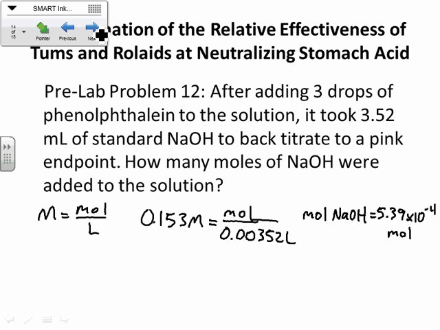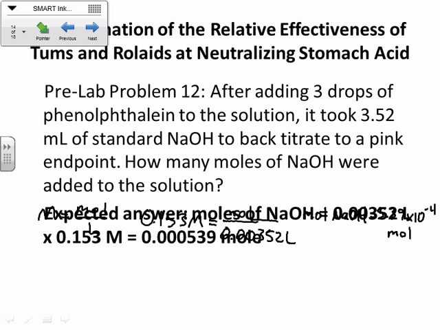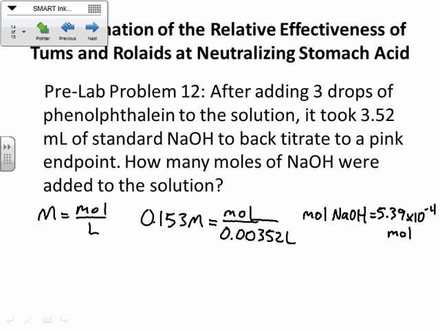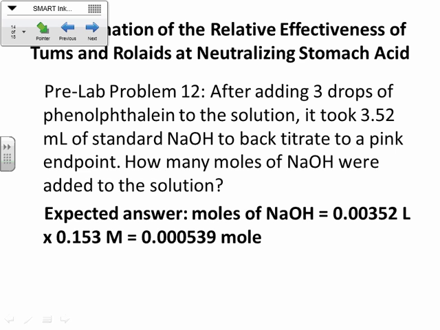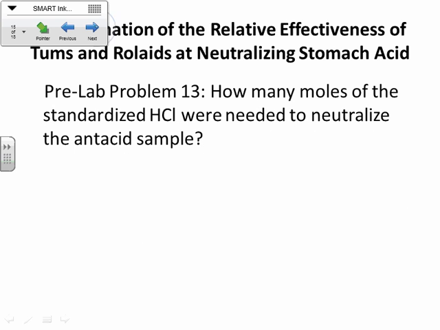So that's how many moles of NaOH we had to add in order to back titrate, to get it back to neutral, okay? Or, if you're not doing it in sig figs, did I give that same number? Back up. Yeah, 5.39, okay. Just want to make sure. Okay, so 0.000539 moles of NaOH.